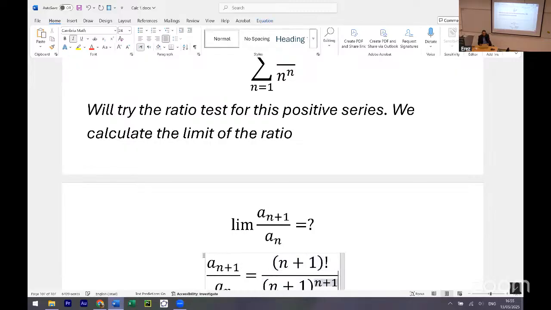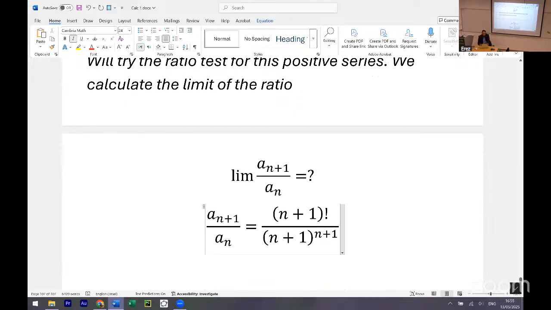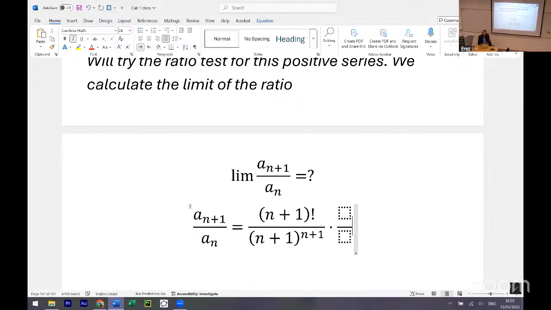We did this very example just before we started speaking about e. Instead of dividing, we multiply by the inverse, n to the power of n over n factorial.